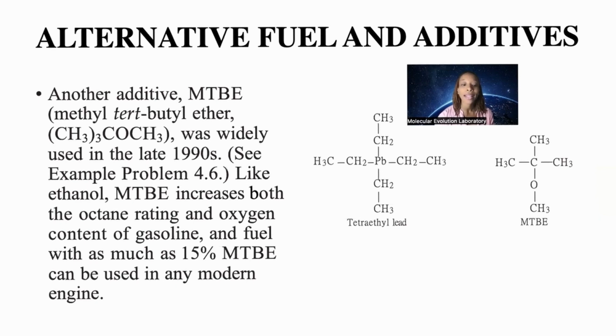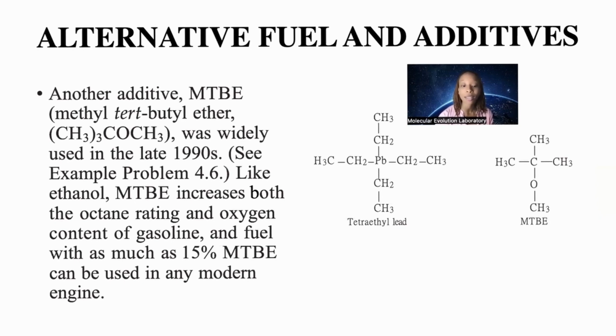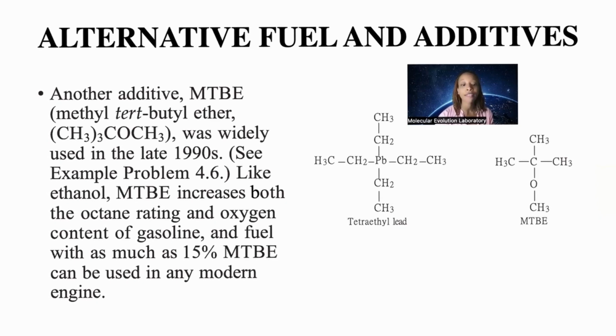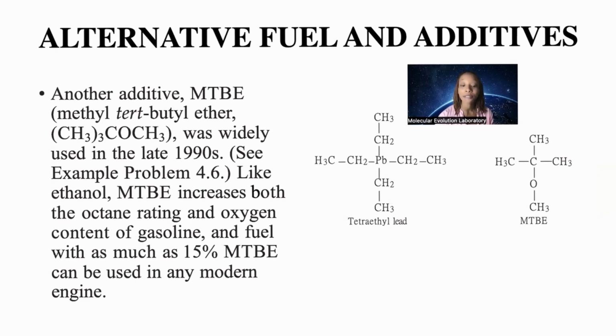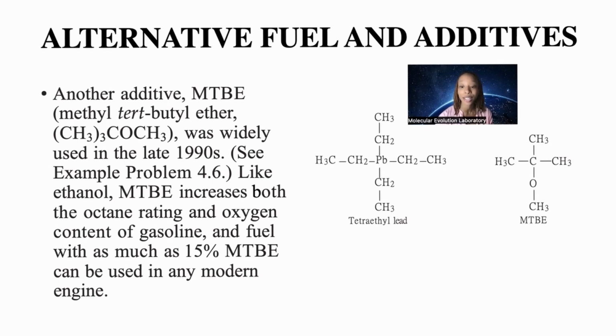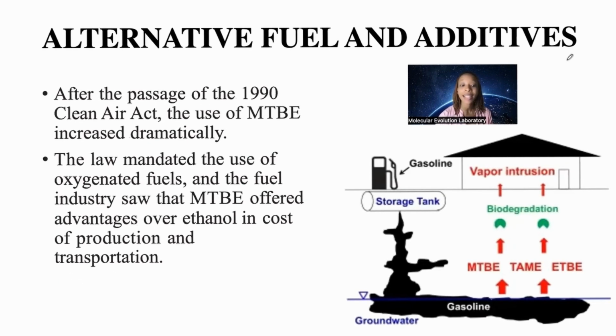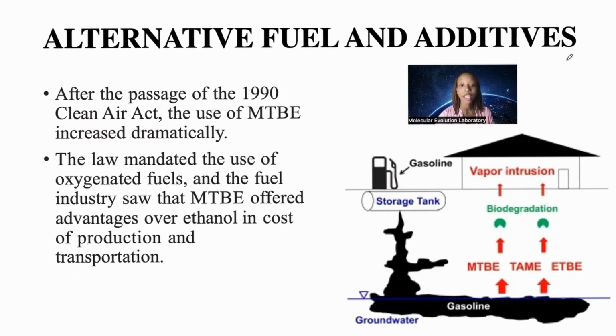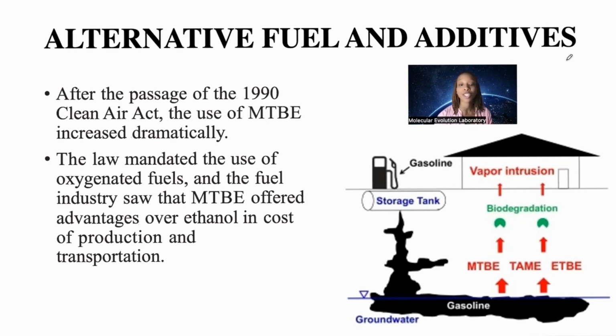It was widely used in the 1990s. Like ethanol, MTBE increases both the octane rating and the oxygen content of gasoline, and as much as 15% MTBE can be used in any modern engine. After the passage of the 1990 Clean Air Act, however, the use of MTBE increased drastically.